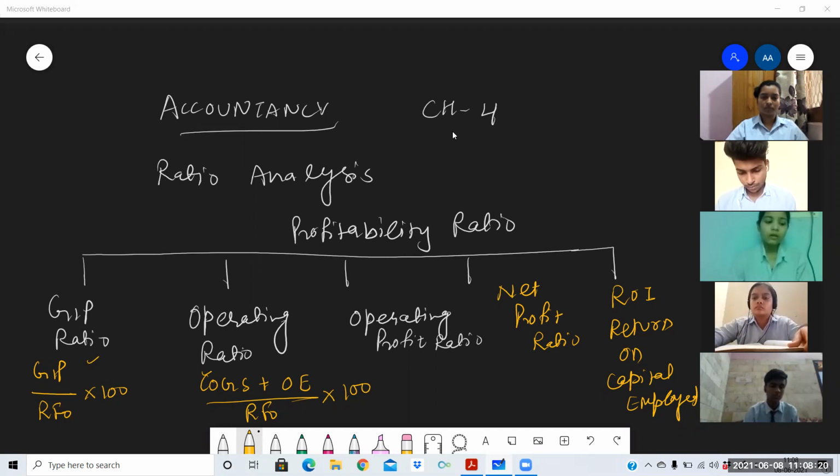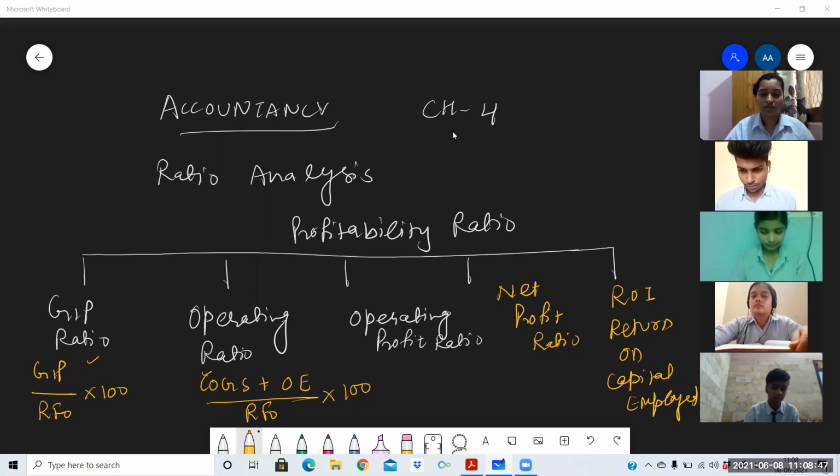Very good. Yes, Ankita, could you please give me any 1 or 2 examples of operating expenses? What are the examples of operating expense? Ma'am, operating expenses are the expenses which are required by the business firm to operate on a regular basis.